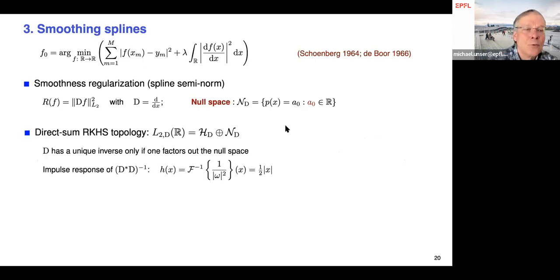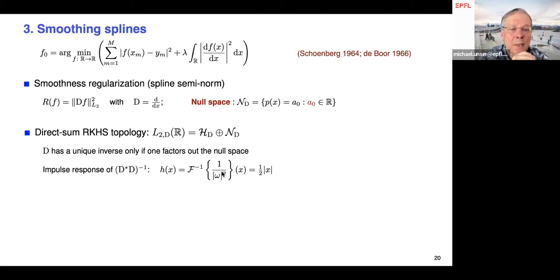This makes it harder, but what you can do is factor out the null space and have this direct sum topology of the space over which you're optimizing. And if you factor out the null space, you have a unique inverse. In this case, you need to invert this operator, so it's actually D2, the second derivative.